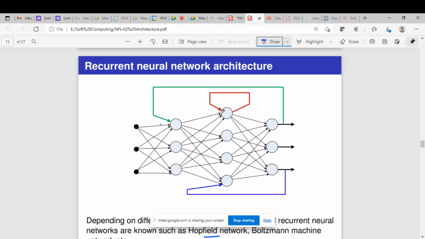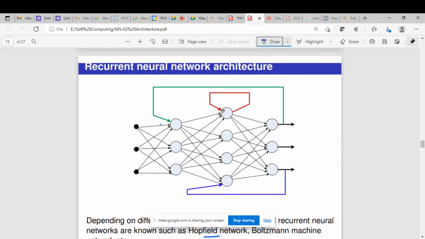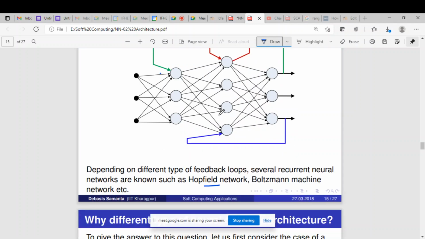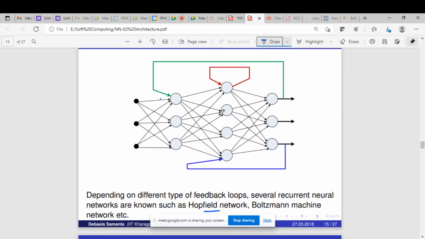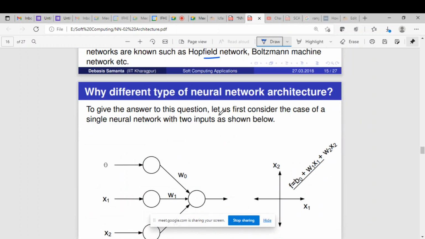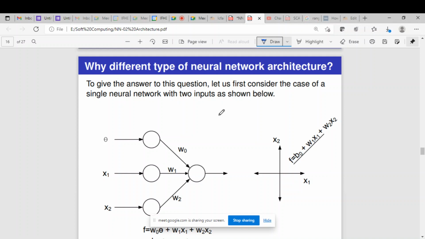So there are different styles of constructing this network. Depending on how the feedback is given, the recurrent neural network architecture is given different names, like Hopfield network or Boltzmann machine. I think we have discussed up to this, right? Now we'll be continuing.